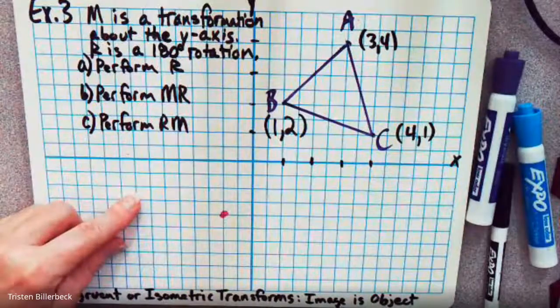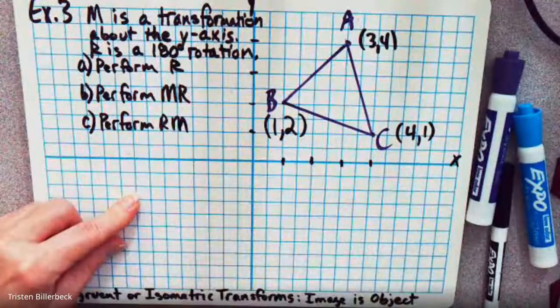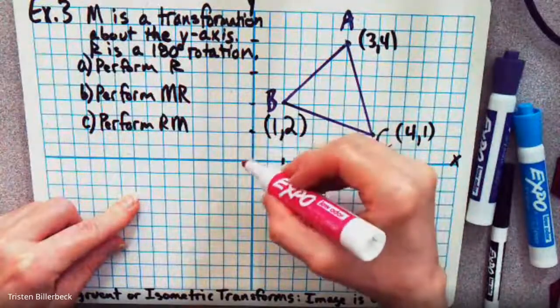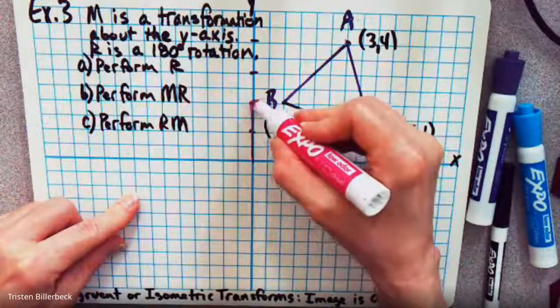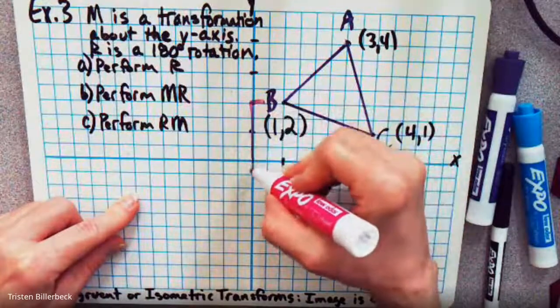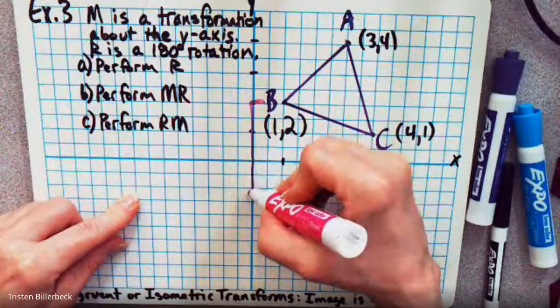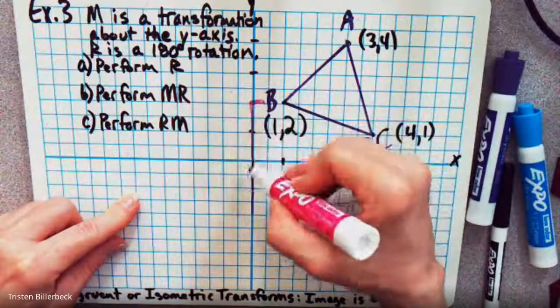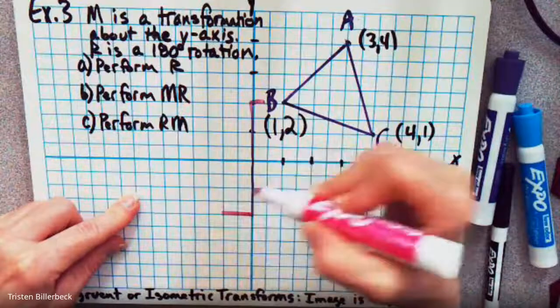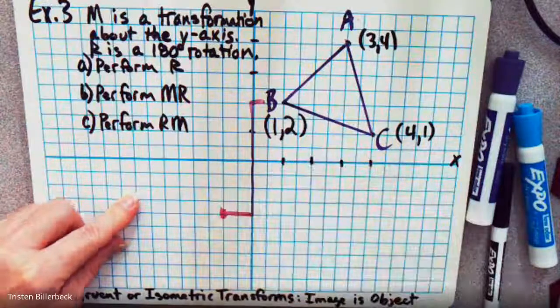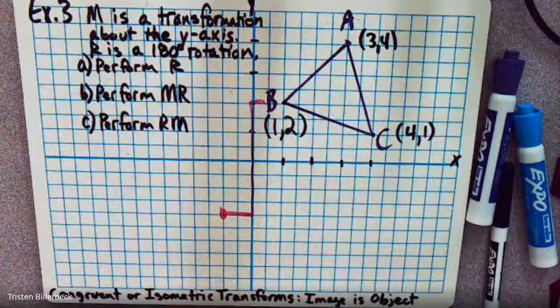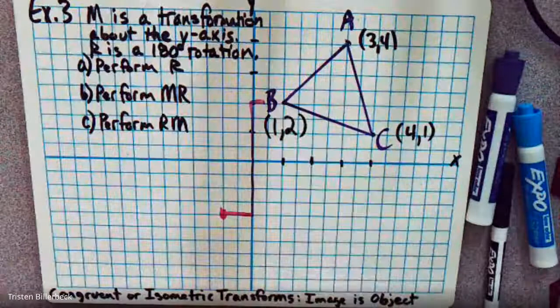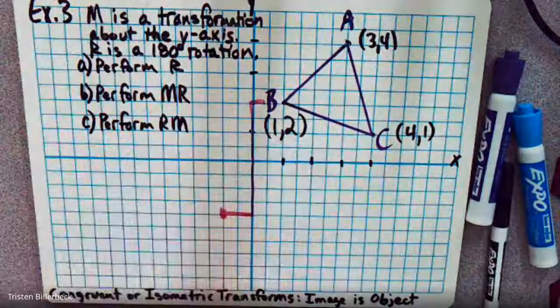So if you look at it like this, like a little anchor here, then we're going to do that like that. So it went up 2 and like that. Okay, so the new point's going to be here. Okay, so if you think about it like that, that's how it's going to be.